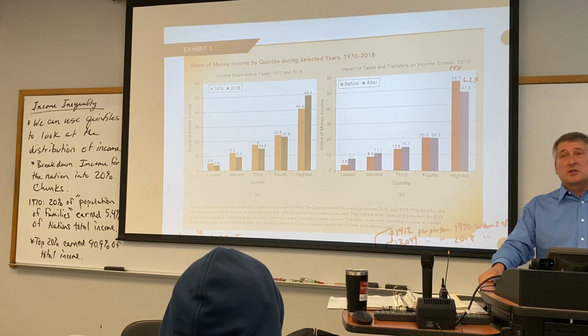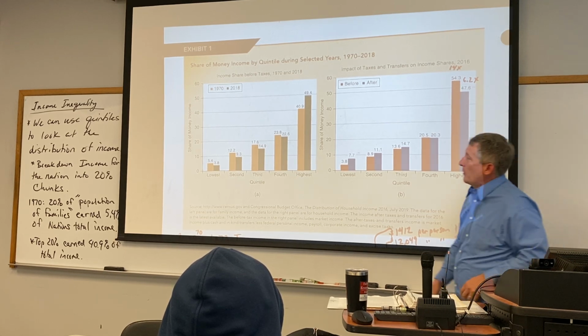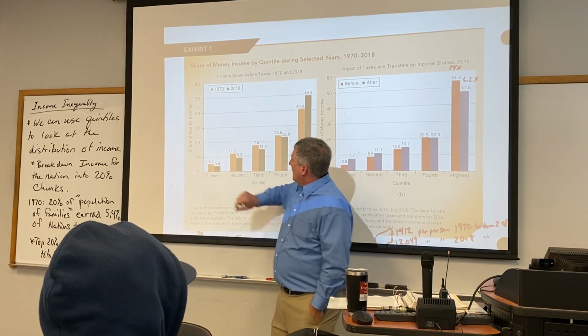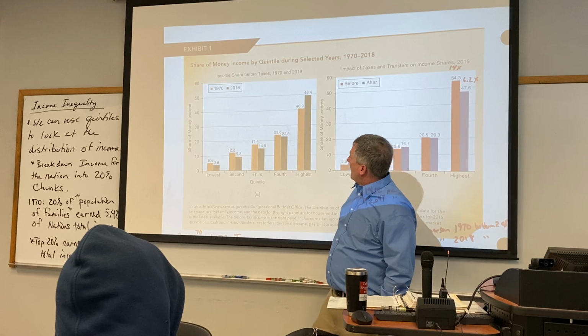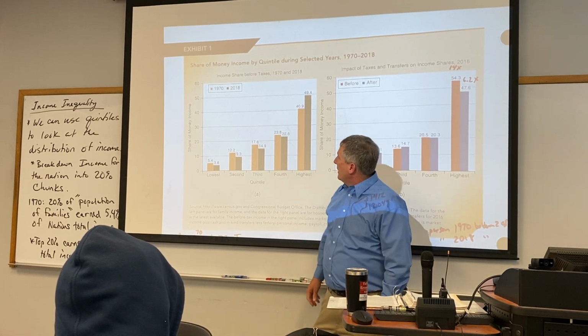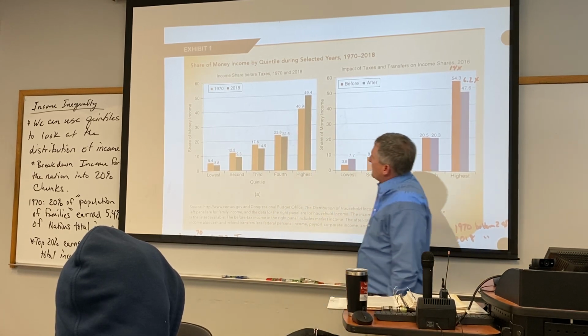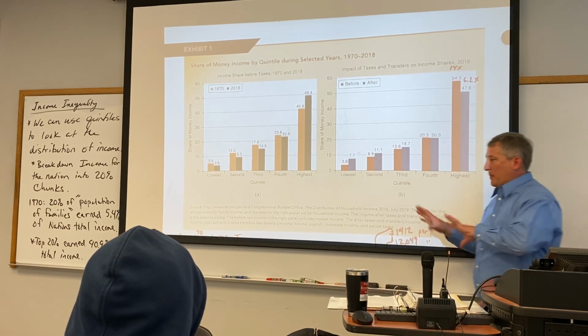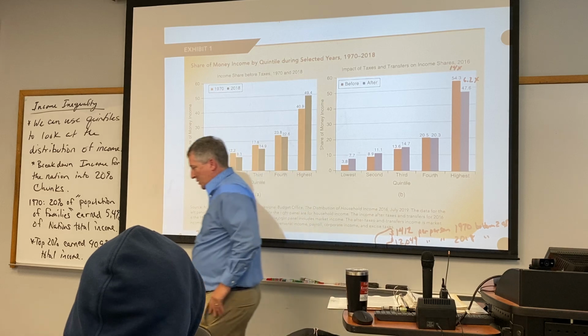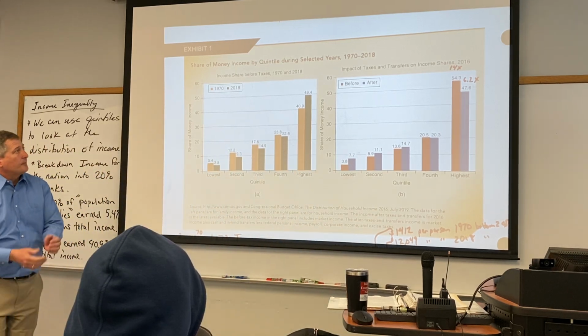Did it get bigger or smaller from 1970? Bigger, right? So we got 3.8 for the bottom 20% and 49.4 for the highest. And then we've got the distributions in between. So we can start to think, well, what's happening to distribution through that lens?